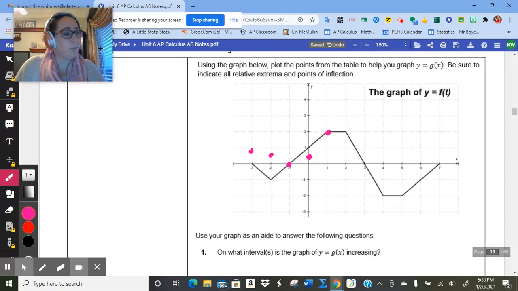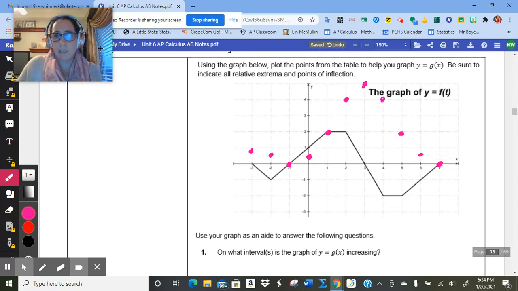So I'm just filling in from the chart that we just had. At 2, we were at 4. At 3, we were at 5. At 4, we were at 4. At 5, we were at 2. At 6, 1/2. And 7 was at 0.